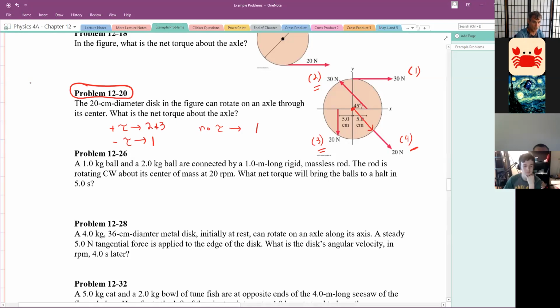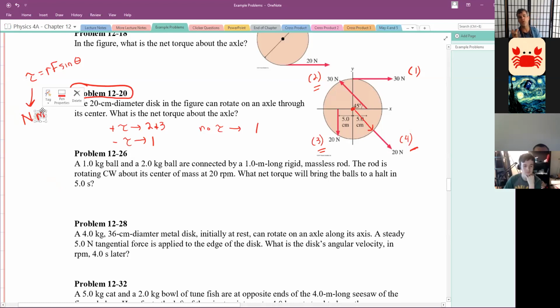One last thing, let me end on. The equation for torque is r F sine theta. I didn't mention the units. The units of torque have to be the same as the units of r times the units of F. So the unit of torque is the Newton meter.